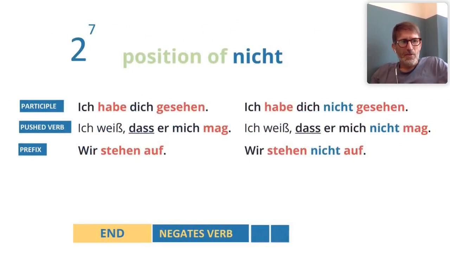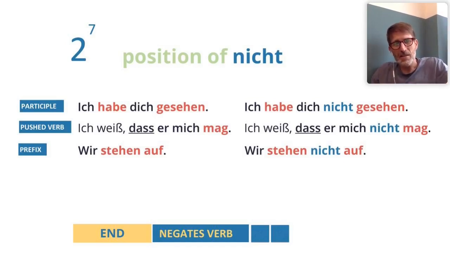Then we have a couple of special positions, and that's, for example, in the past. Very often you use two verbs, and actually until the end of B1 this is the only past you need, habe and a GE word, a past participle.